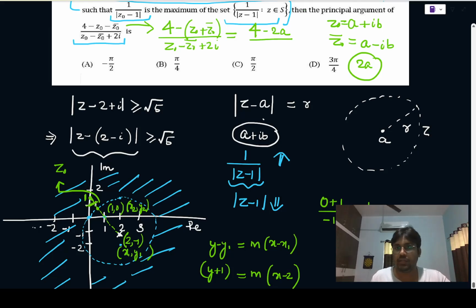Similarly, z naught minus z naught bar. If we subtract z naught bar from z naught, you are going to get 2 iota b. So this is 2 iota b plus 2 iota. If I cut out 2, this will be (2 minus a) divided by iota times (b plus 1), something like that, right?